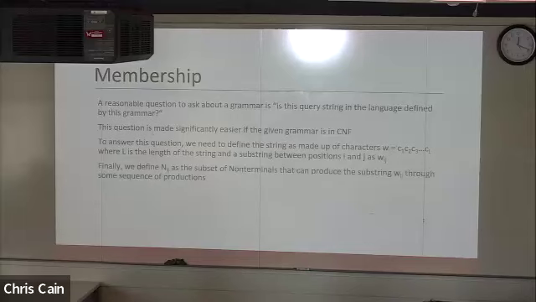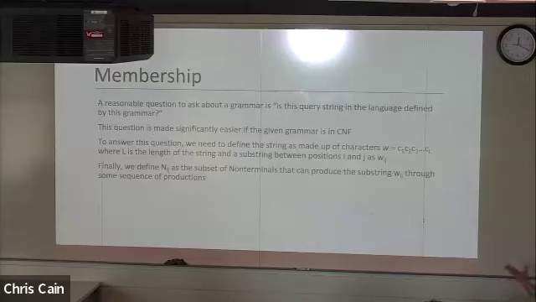Now we're going to define capital N sub ij as a subset of non-terminals that could produce that substring. Basically, if we're starting at a particular non-terminal, can we produce that substring using that non-terminal as the start non-terminal?